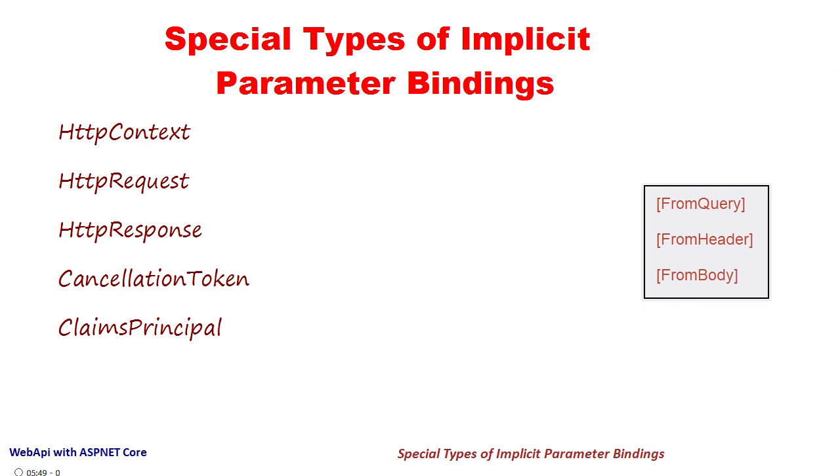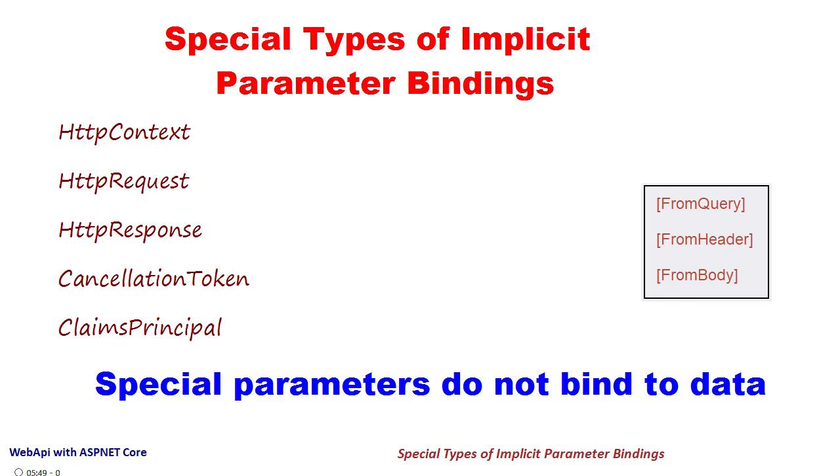These special parameters are not bound to any request data. They are rather instances of utility classes such as the HTTP context, HTTP response. Decoration attributes are not required and they are therefore called implicitly bound parameters.